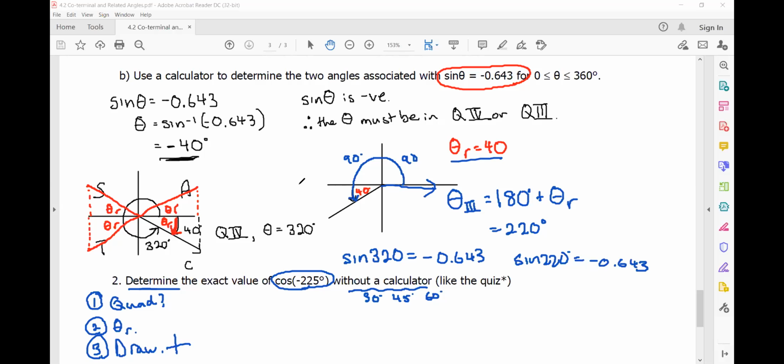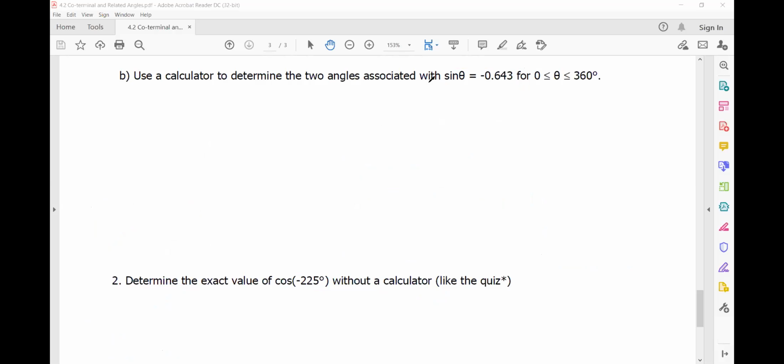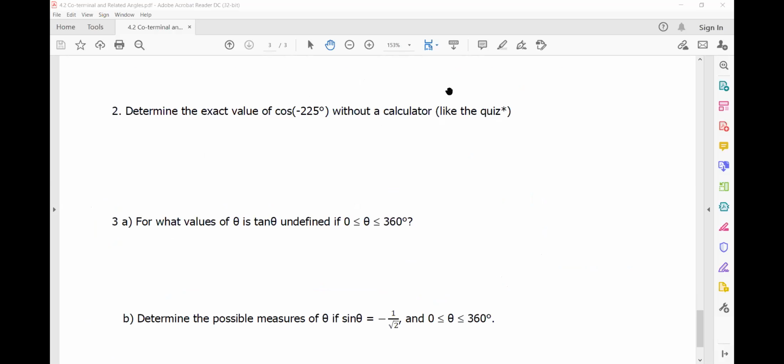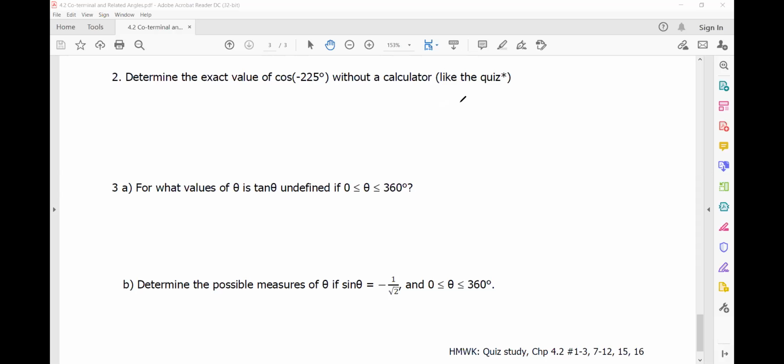Okay, let's try this. I'm going to clear here. All right. Won't need much space, as you can see. Let's take a look. Cosine of negative 225. Preferably, in my head, I would like to have positive angles, but let's figure this out.